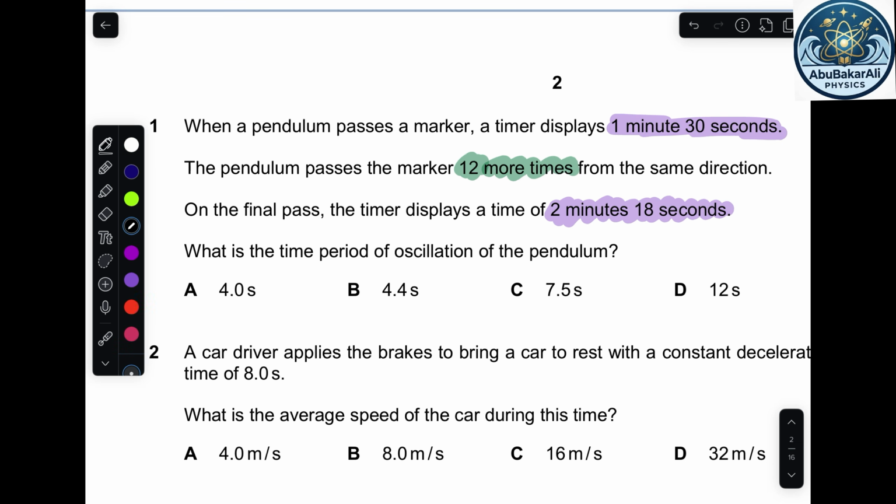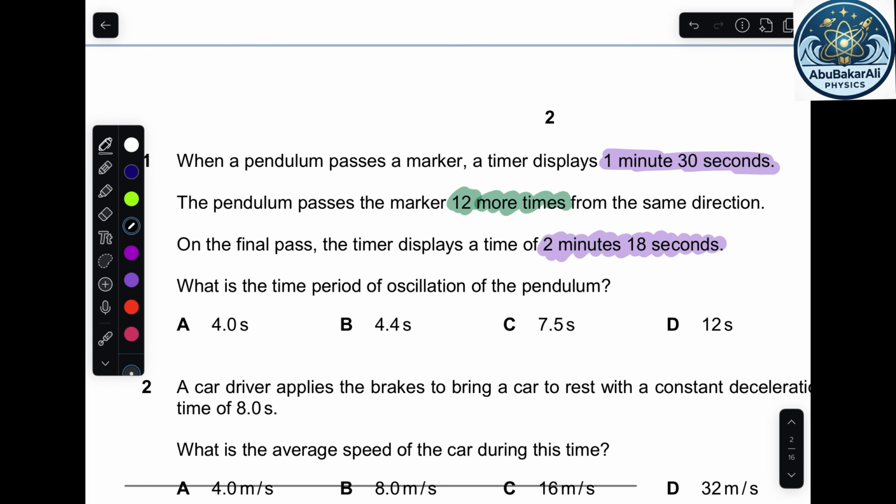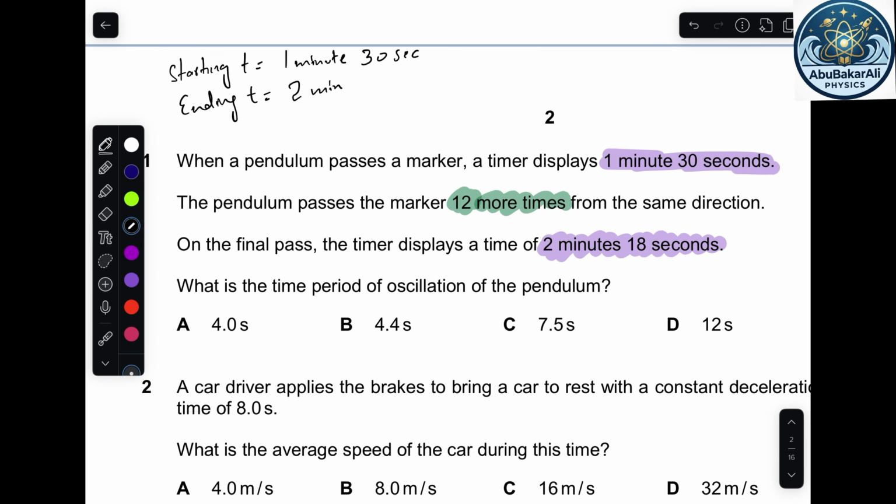Okay, so first we need to calculate the total time interval. So starting time is 1 minute 30 seconds, and ending time is 2 minutes and 18 seconds.